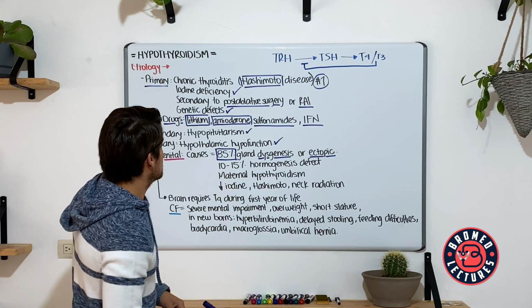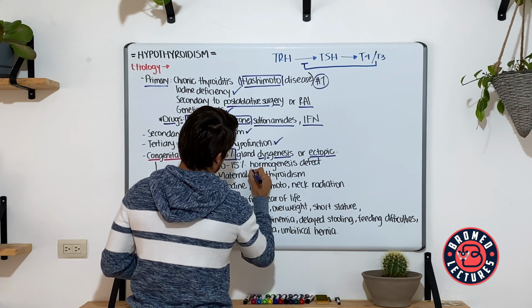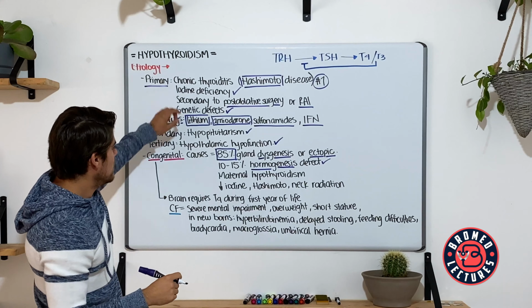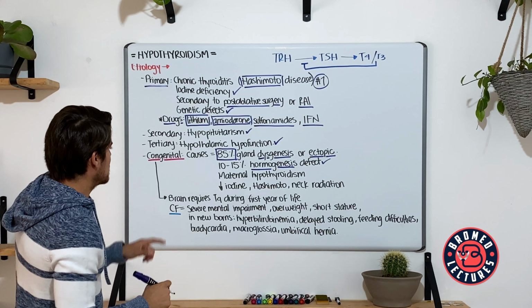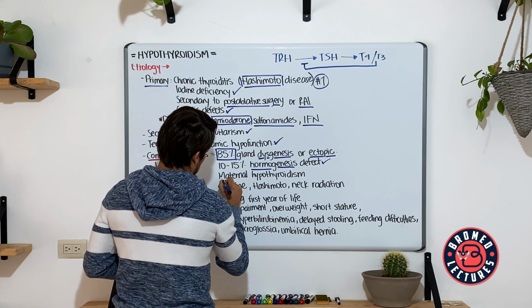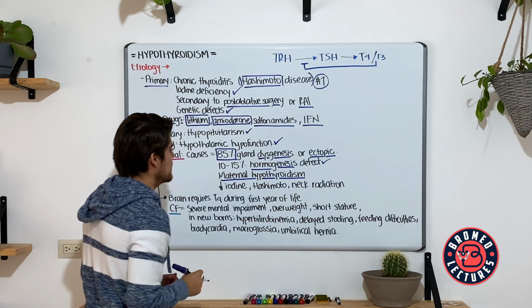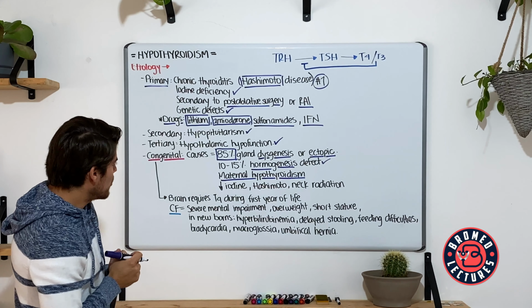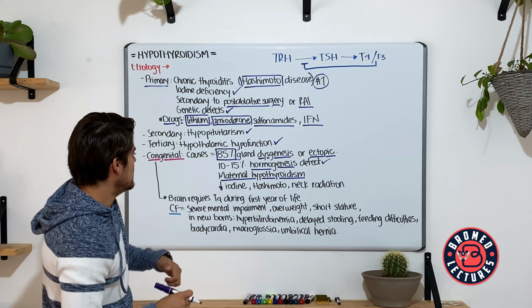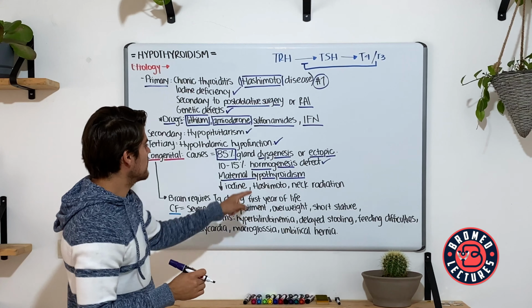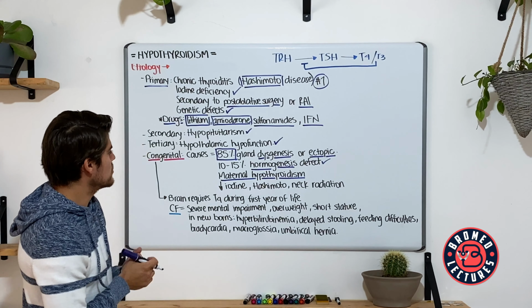10 to 50% are going to be due to hormonogenesis defects, as we mentioned with the genetic defects in here. But there's also maternal hypothyroidism related. Usually the pregnant patient has hypothyroidism before the pregnancy and is not well controlled during the pregnancy, during the first trimester.